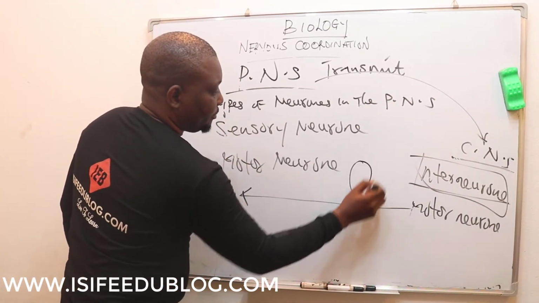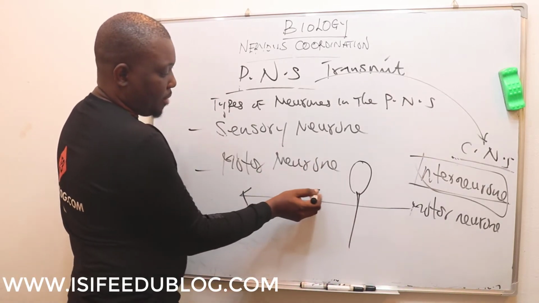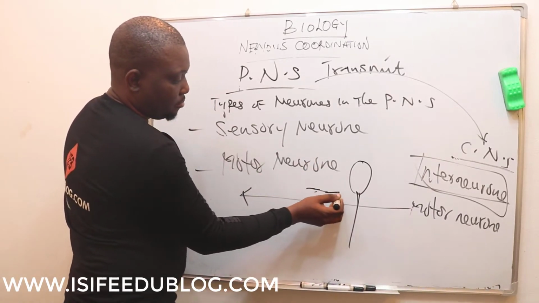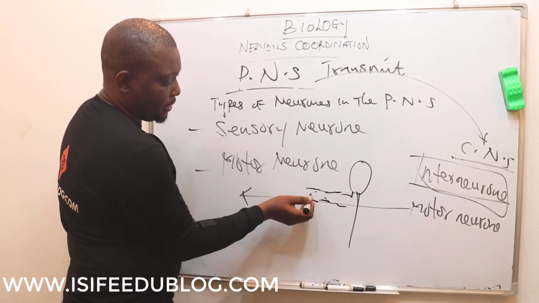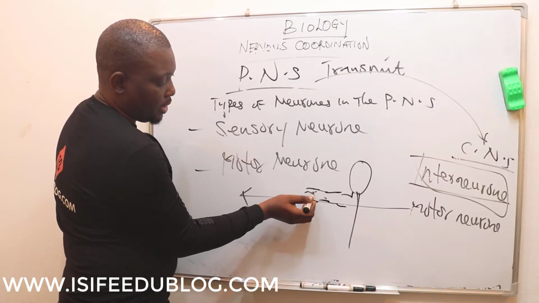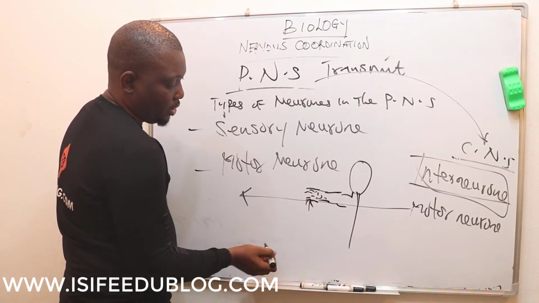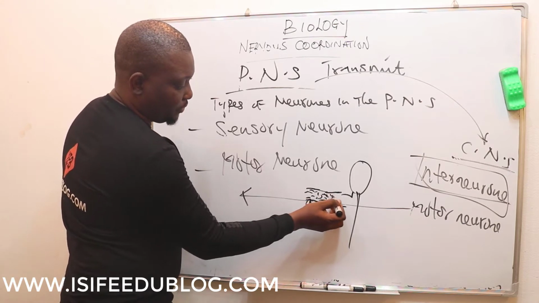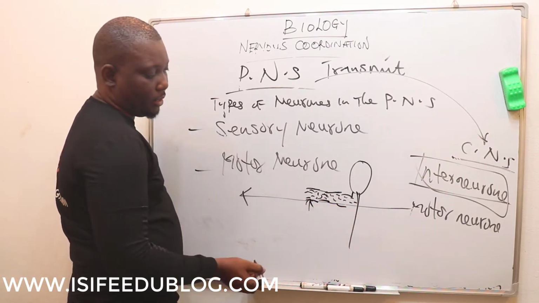This is the brain. This is the spinal cord. This is the muscle, and there is an impulse. Maybe there is a pressure here, and these are bundles of nerves going right to the spinal cord.